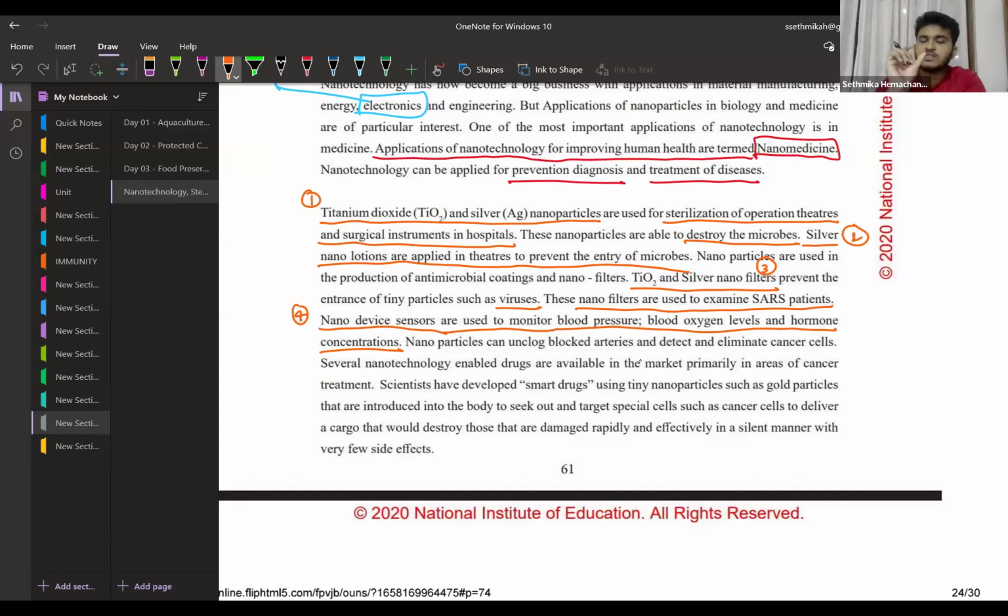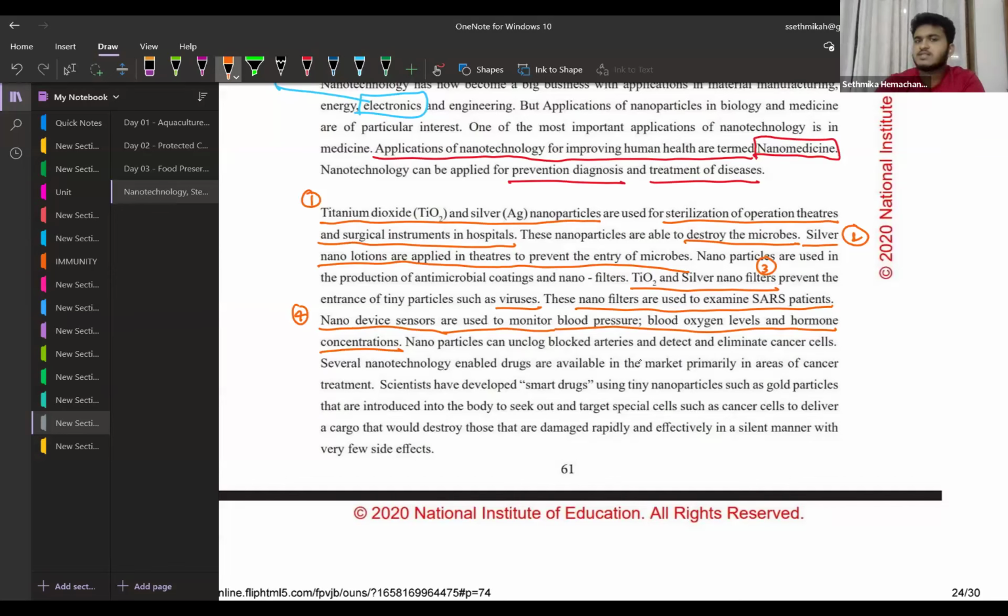So basically, you can use these nano device sensors which can be inserted into our body. And once they're inserted into our body, they can directly give the readings for the blood pressure, blood sugar levels, blood oxygen levels, and hormone concentration. Since they are very small, they do not cause any issues to our body as well, right?